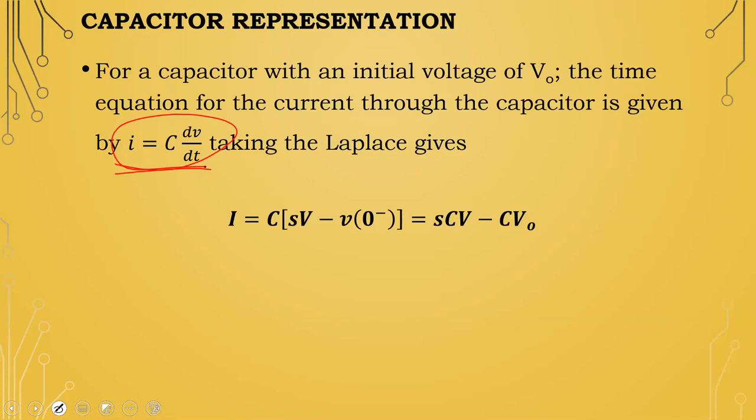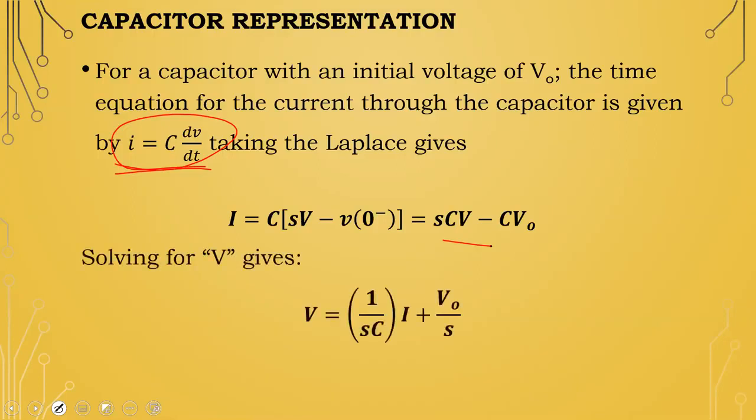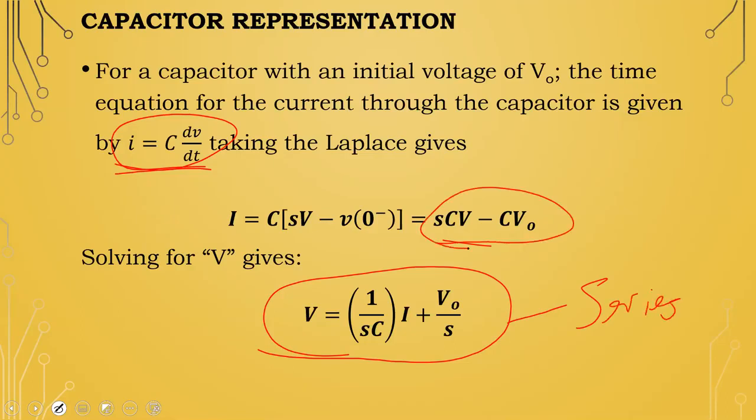Making V the subject, we have V equal to 1 over SC times I plus V naught over S. Because we are dealing with voltages, this would represent a series connection, and up here for the current, we are dealing with a parallel.